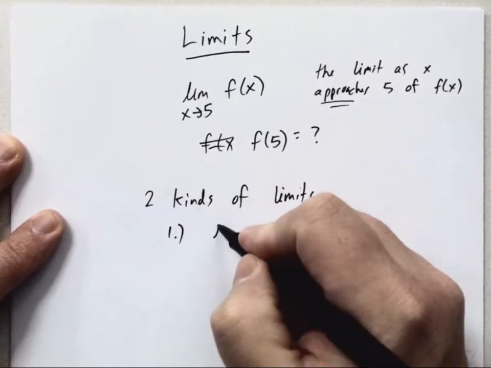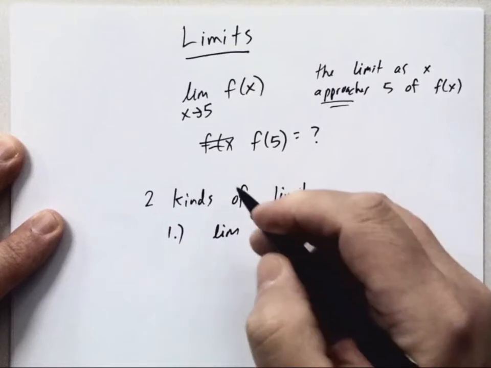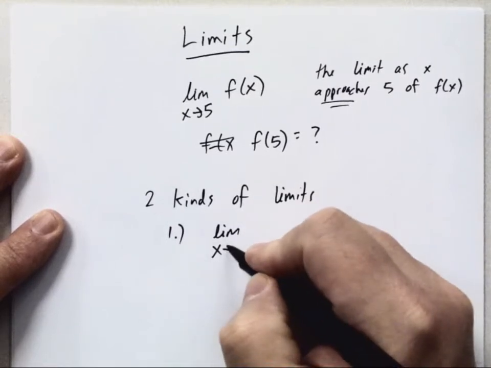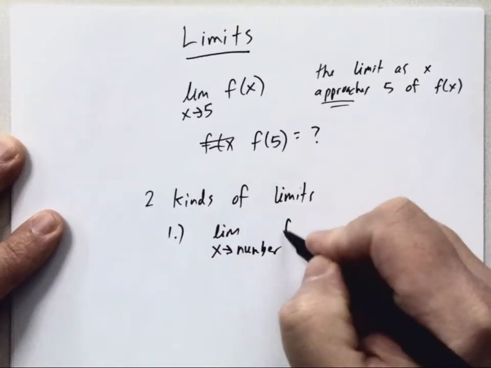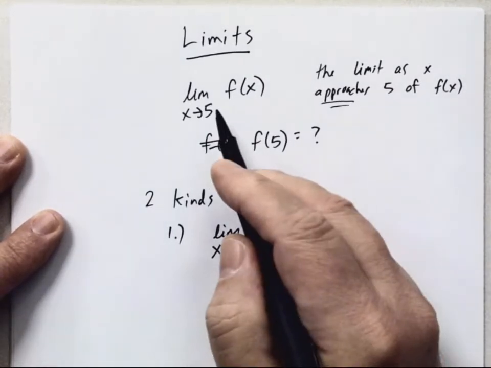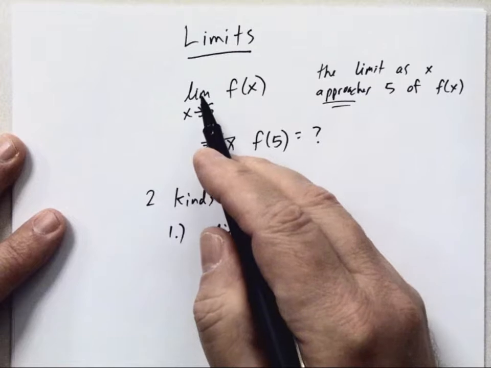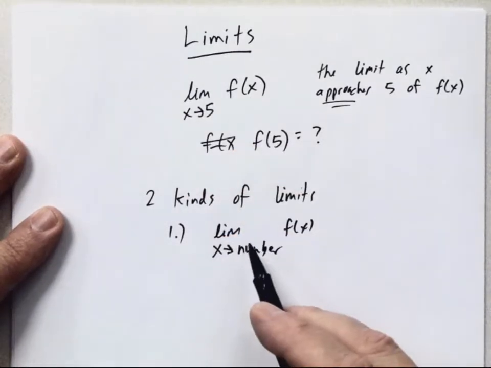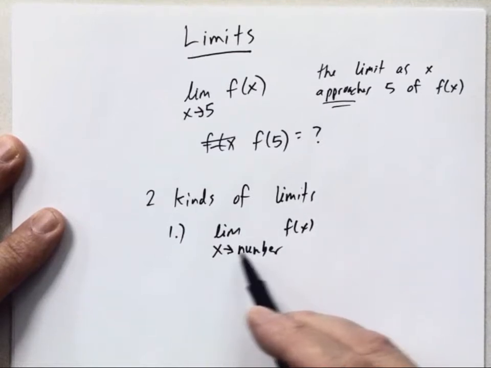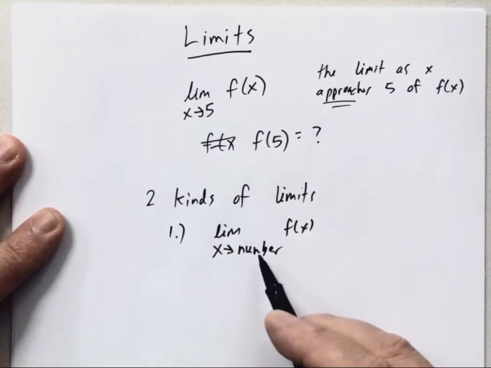The first kind is when you have a limit of the function and the limit is going to approach a number. Like this example I wrote here, the limit as x approaches 5 of f of x. So we're going to do some examples of where you take the limit as x approaches some number. Could be 0, could be 1, could be 5, could be negative 10.